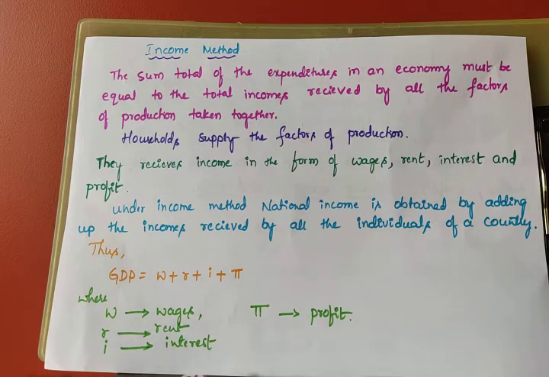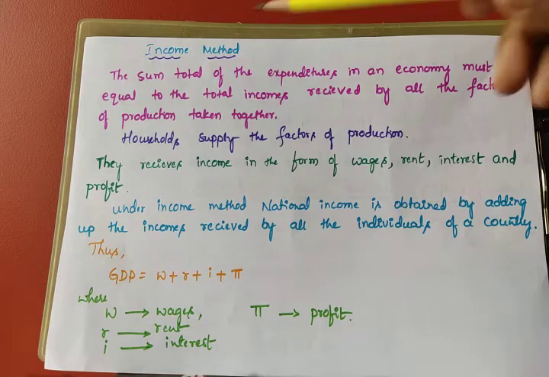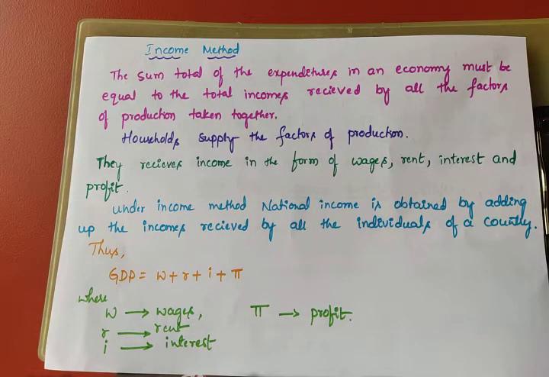Under the income method, the sum total of the expenditures in an economy must be equal to the total incomes received by all the factors of production taken together.